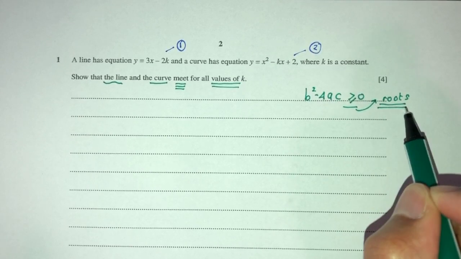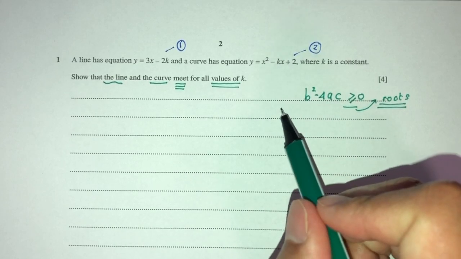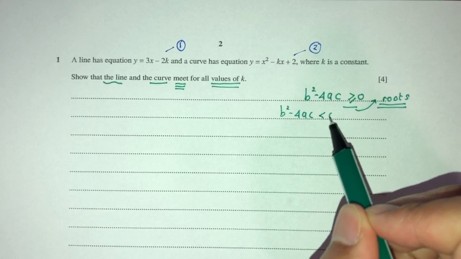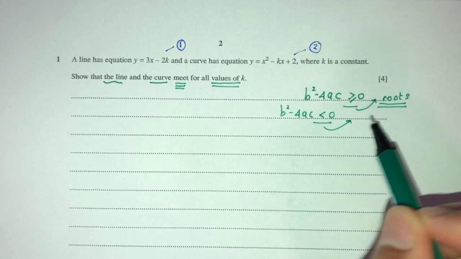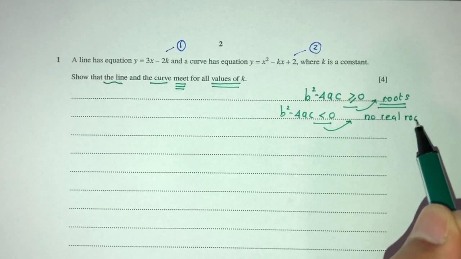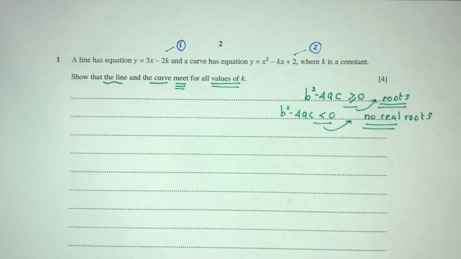It meets, so it is good, right? It meets, it has values, good to go. However, if b squared minus 4ac is less than 0, then it has no real roots. So that's the basic concept behind this question. We have to use that to solve this, right?